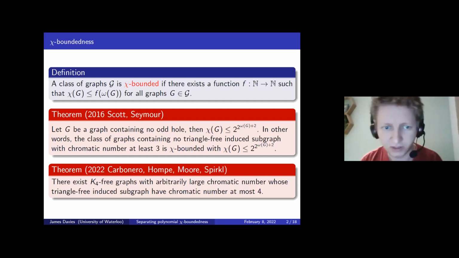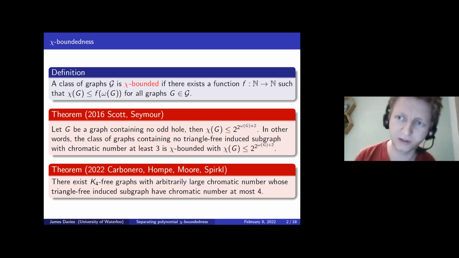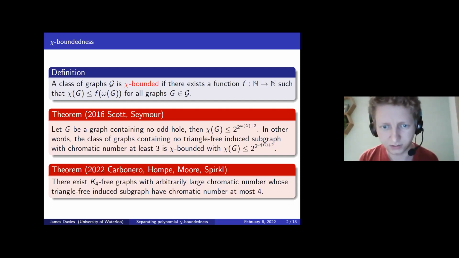So Sophie's already talked about this result, but I'd like to say a few things about it as well, because I really don't think I can overstate how important this result is. I think it's really a big breakthrough. It disproved the conjecture that if your triangle-free graphs had bounded chromatic number, then you're chi-bounded.